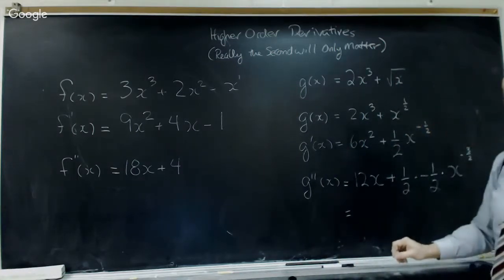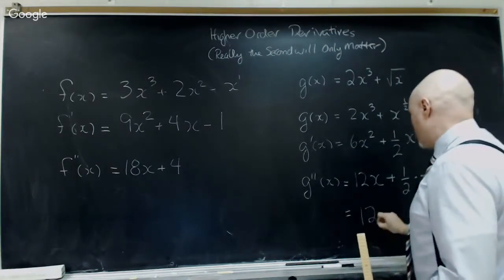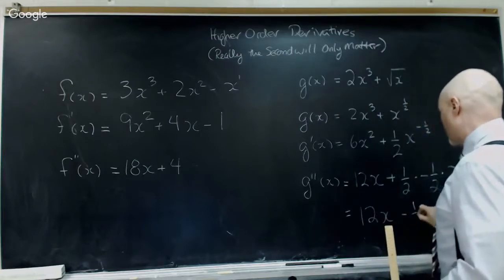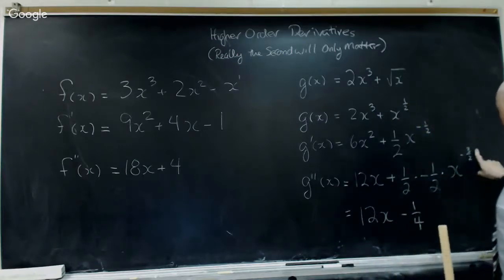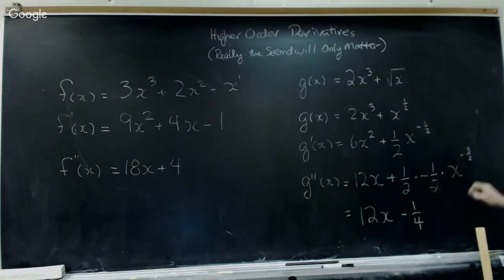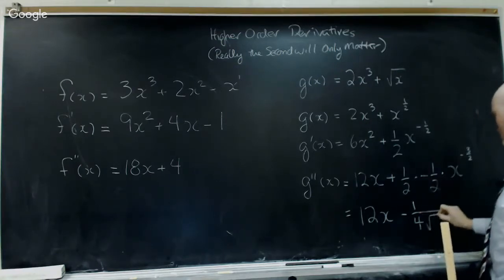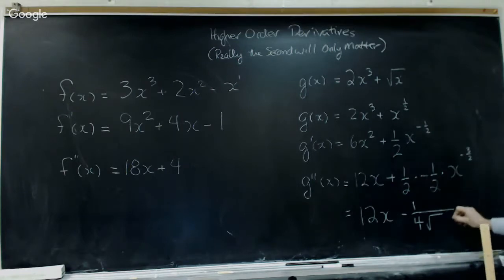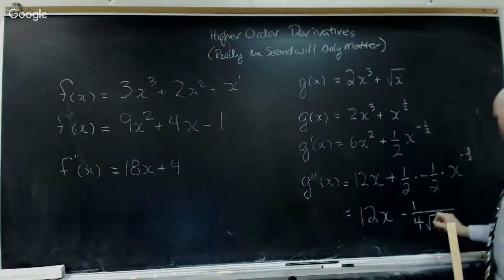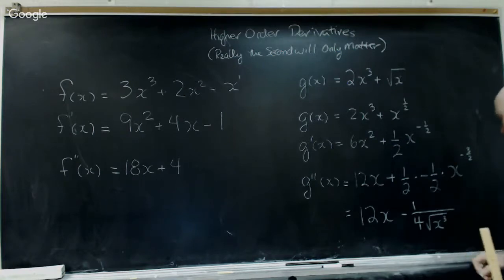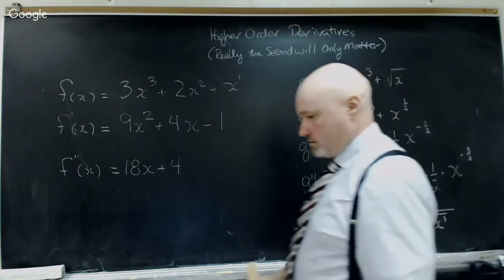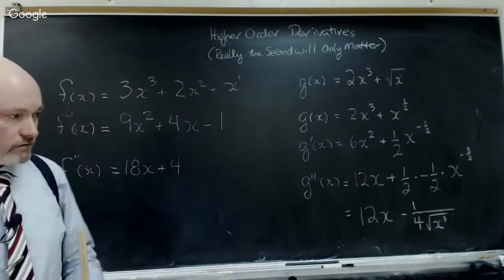Okay, little tidy up phase. 12x minus 1/4, and this is x to the negative 3/2. And so I am actually going to write this using radical or surd notation. And so there it is, sort of beautified a little bit, if you think that's beautiful.